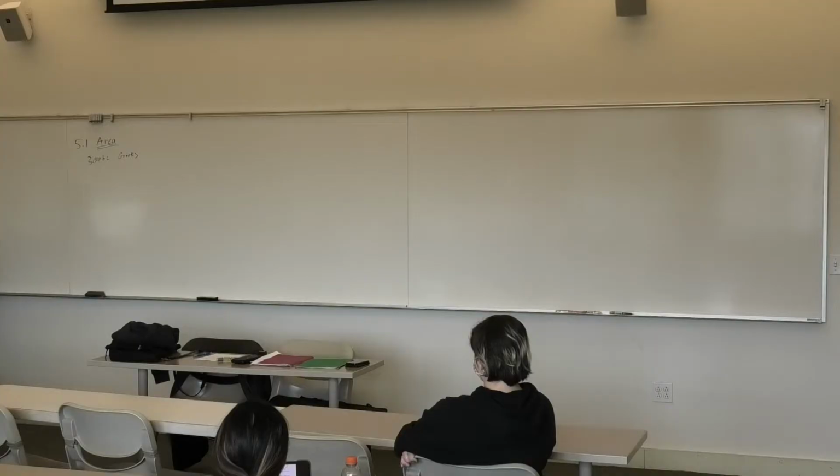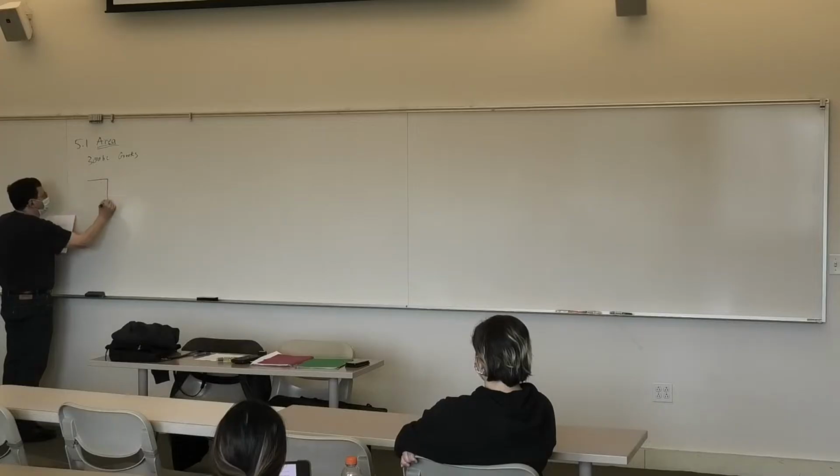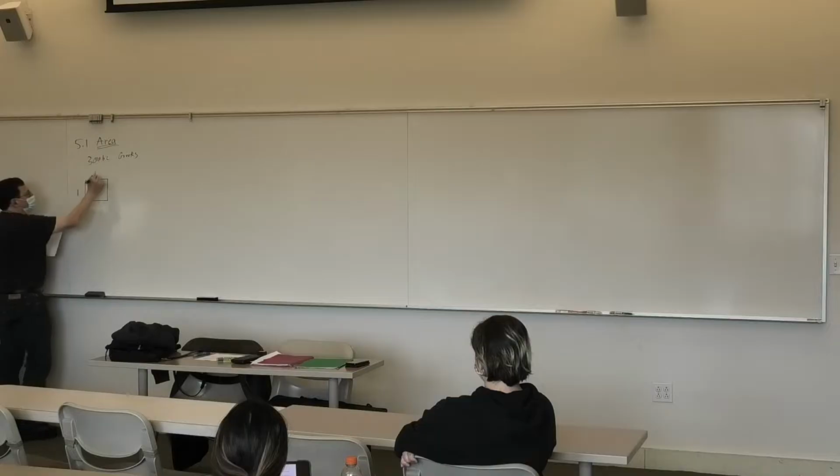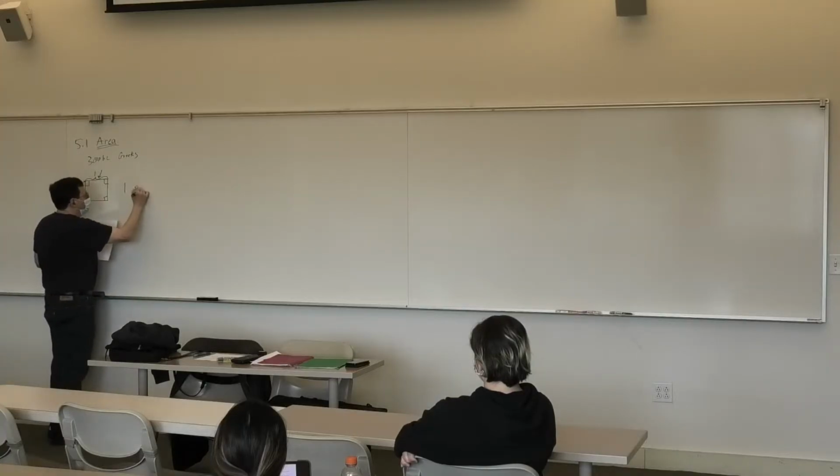Hopefully you still remember some of the geometry you learned in high school. I'm going to go through some stuff hopefully real quickly about area. You start with the idea that you have some unit measure of length. If you have a square, a geometric object with 4 right angles, you just say that's 1 square unit.